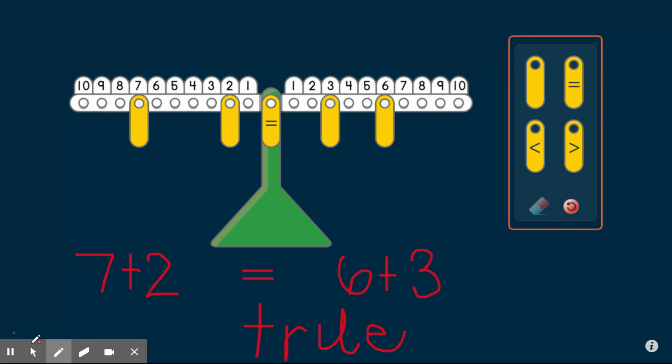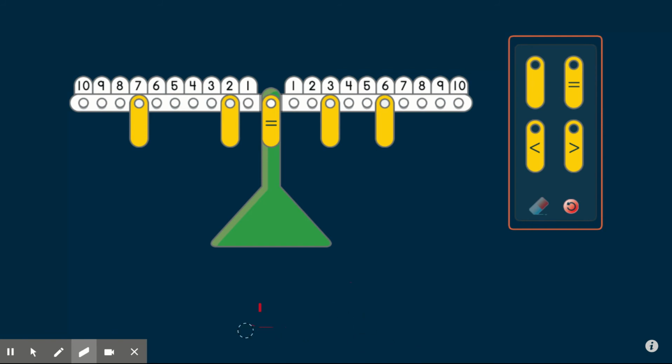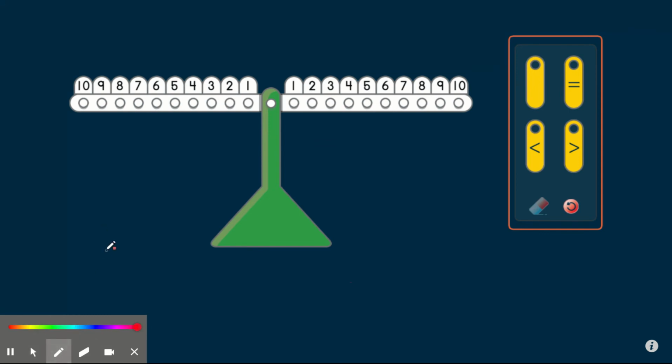All right, let's do one more. Okay, this time, let's include a subtraction problem on one side.